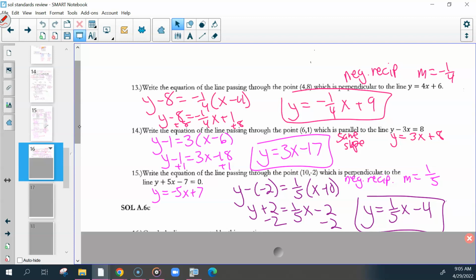So our new slope would be negative 1/4. Then we would take that point and that slope and put it into our point-slope formula and solve. Or in Desmos, we would graph this line, find our new slope, plot this point, and then from this point, use this slope to find our new y-intercept.